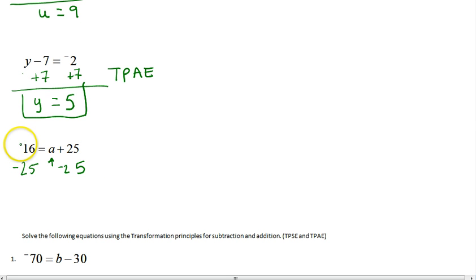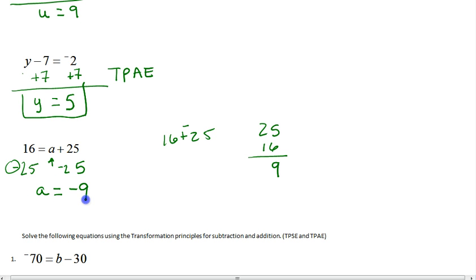Alright, because I have 16 minus 25, I'm going to add the opposite. 25 minus 16, I get 9. Remember, 25 was the larger number and it was negative, so A equals negative 9.